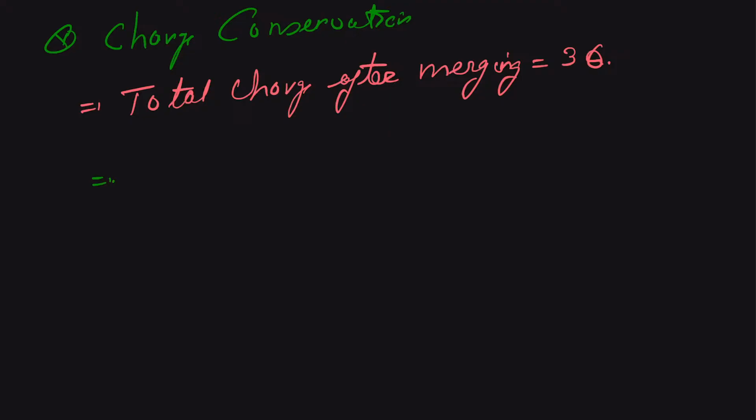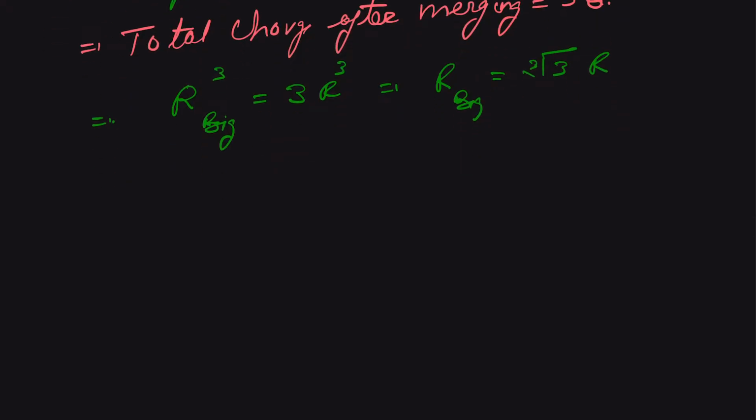So the radius of the big sphere cubed will be equal to 3 times the radius of the small cubed. Therefore the radius of the big will be equal to the third root of 3 times the small radius.